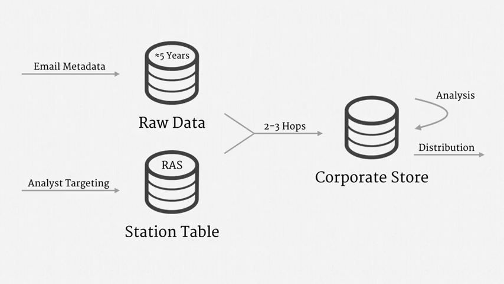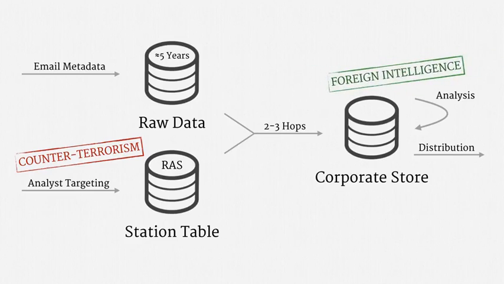I want to emphasize a part of this process that is incredibly important and incredibly subtle. When first selecting targeting criteria, analysts were limited to counterterrorism investigations, and they needed reasonable, articulable suspicion. However, once data was in the corporate store, it appears to have been fair game for any foreign intelligence purpose, and analysts didn't need to satisfy the reasonable, articulable suspicion standard, or even the relevance standard.